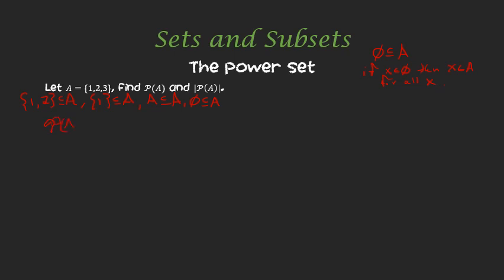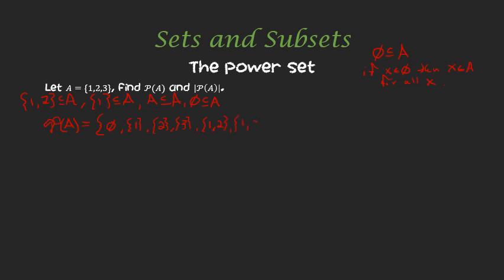So A has a lot of different subsets, and we can list all of those in a set. So power set of A, that's a pretty poor P, but that's my curly P. Power set of A. So this is a collection of all subsets. So the empty set is in there. We said the set containing 1 is a subset. The set containing 2 is a subset. Set containing 3 is a subset. We can do the 2-element subsets. Set containing 1 and 2.